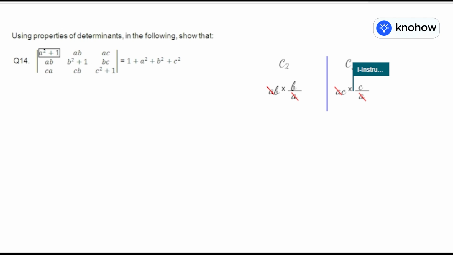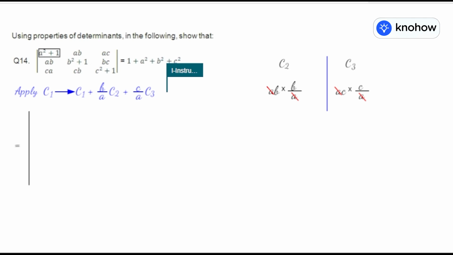So the instruction is: replace C1 by C1 plus b by a times C2 plus c by a times C3. You get C1. Now what is b by a times, as I have shown you here?